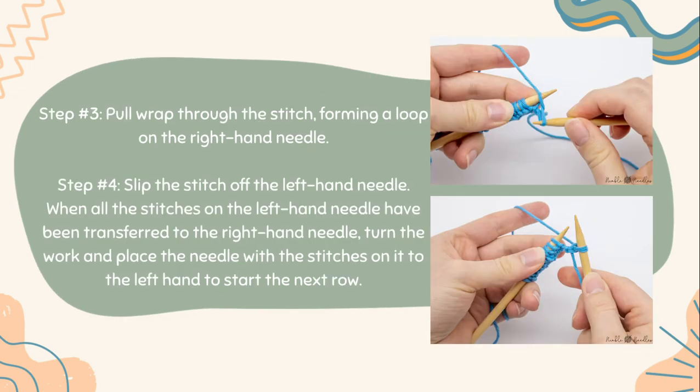Third, pull wrap through the stitch, forming a loop on the right hand needle. Fourth, slip the stitch off the left hand needle. When all the stitches on the left hand needle have been transferred to the right hand needle, turn the work and place the needle with the stitches on it in the left hand to start the next row.